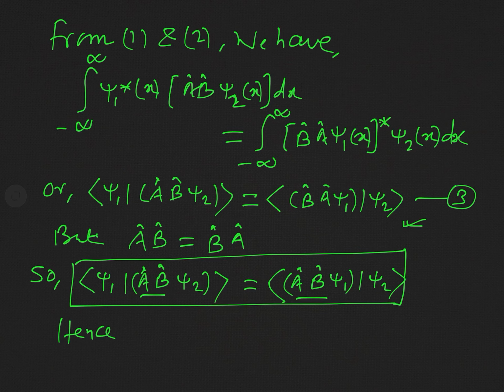Hence from this result we can say that A hat B hat is a Hermitian operator.